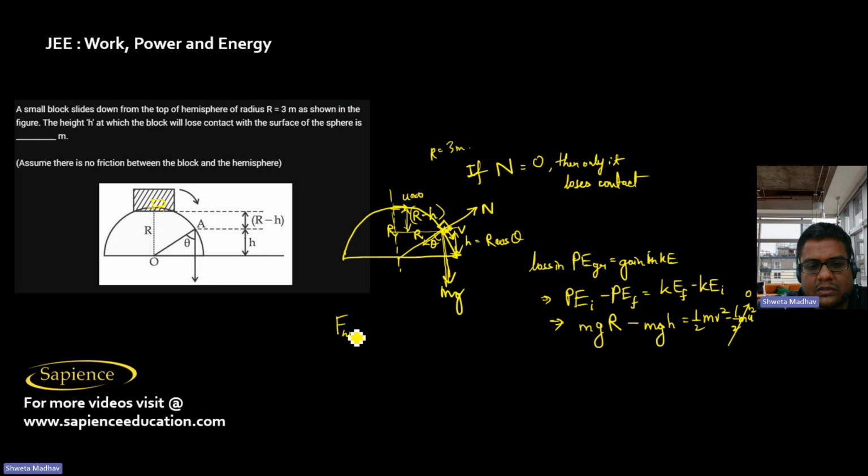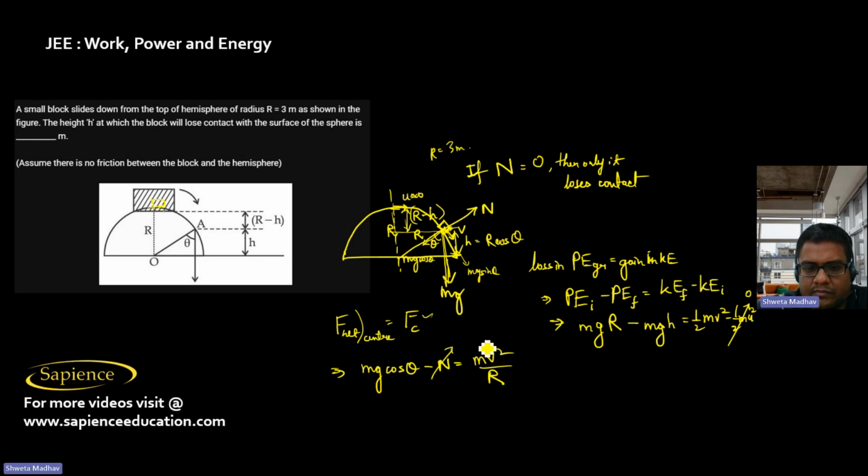The net force towards center is the centripetal force. So the net force towards center, I can say this is mg, then this will be mg cos theta. This way it will be mg sin theta. So this will be net force, which is mg cos theta minus N, that is equal to mv square by r.